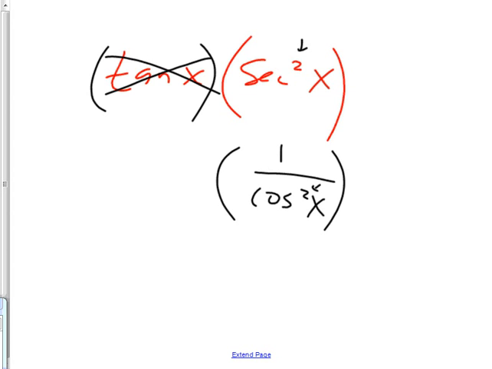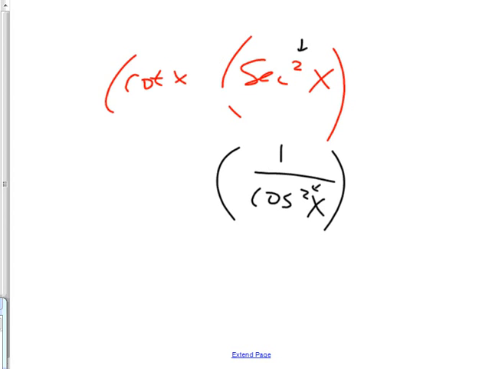All right. Now I'm going to change the original problem a little bit, and let's say this had been a cotangent at the beginning in the original problem. Just plain cotangent. Then what should I be thinking about replacing the cotangent with? What's cotangent?